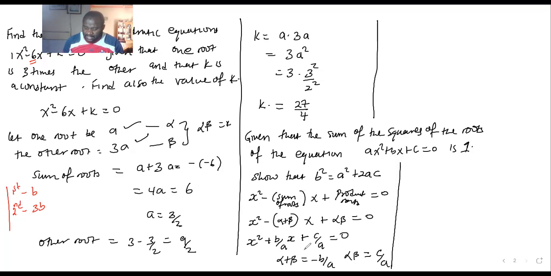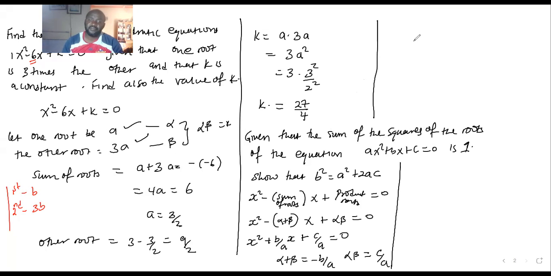Now, the question has said, prove or show that b squared is equal to that. Why? Because they have said the sum of the squares of the roots is equal to 1. So we need to review.